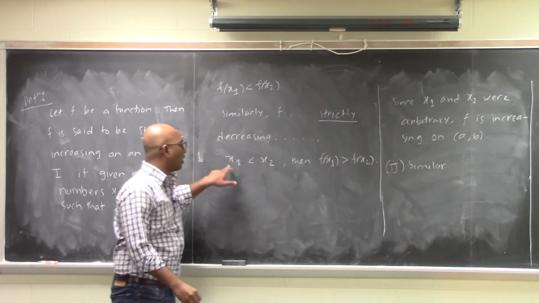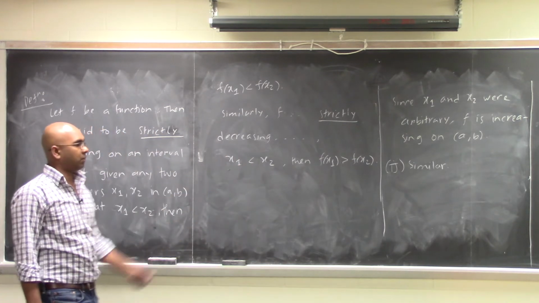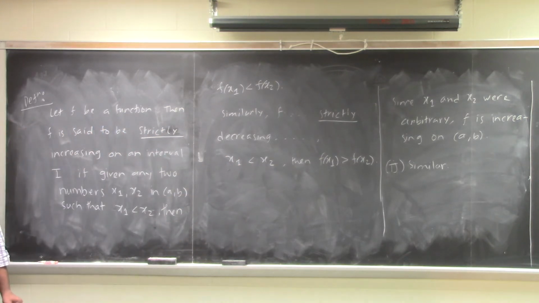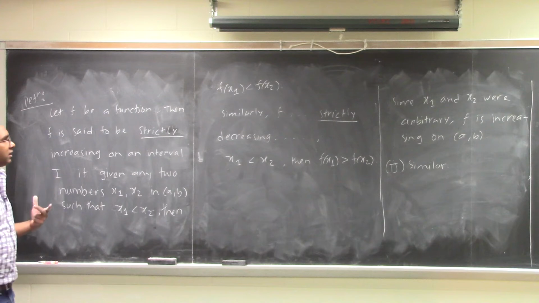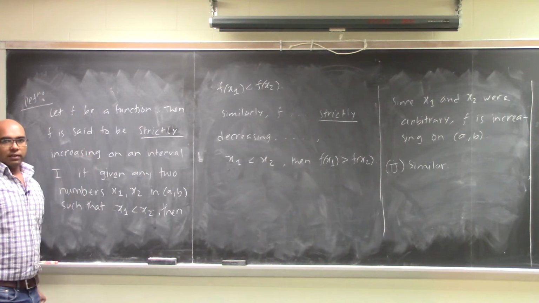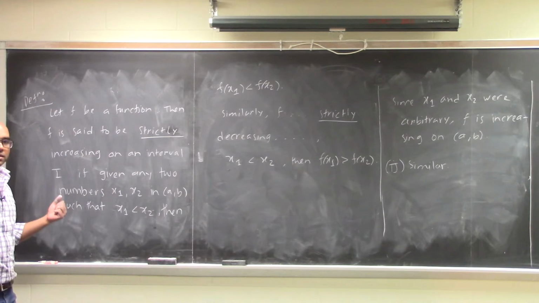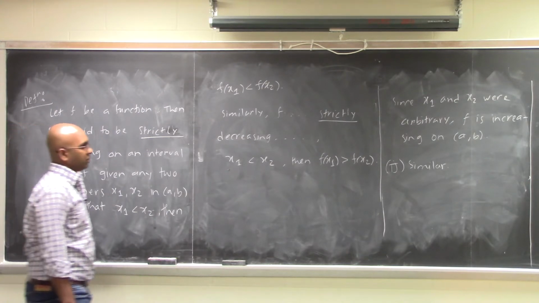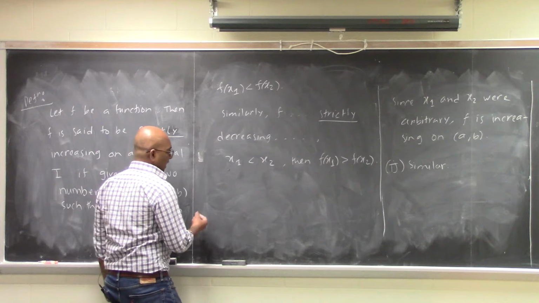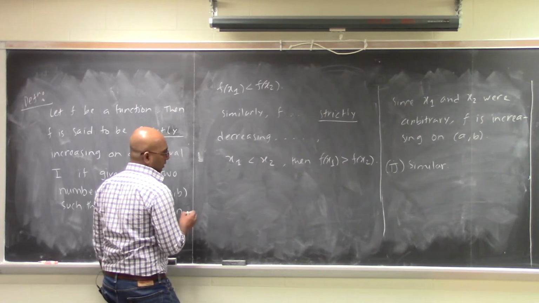So a smaller input will make a strictly bigger output. So we just excluded the equality from there. This is important, but this has a drawback. We're going to see that. But before we get to that, let me ask you this question.